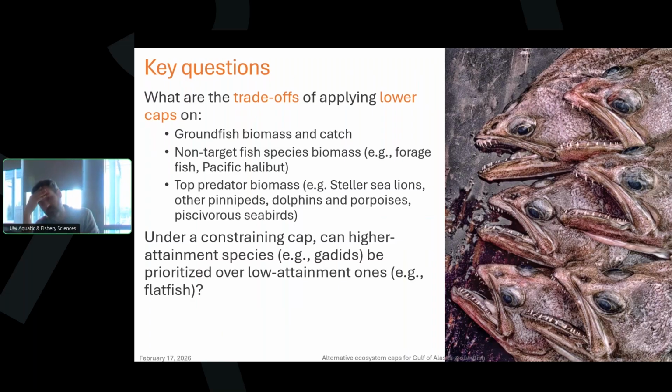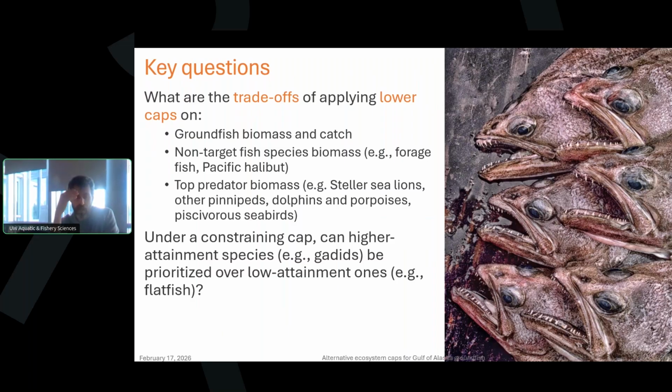If you do apply a cap that is constraining, can you rescale your harvest specifications such that you prioritize catching high attainment species? So for instance, gadids like cod, pollock, but also non-gadids such as sablefish are species that are typically attained, or have been attained at fairly high levels.